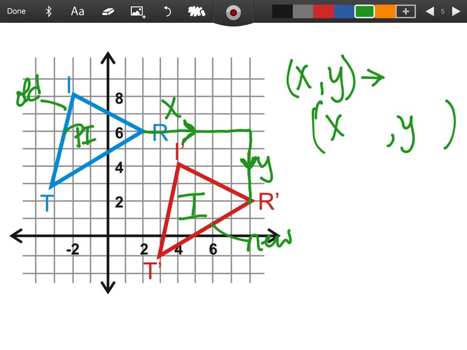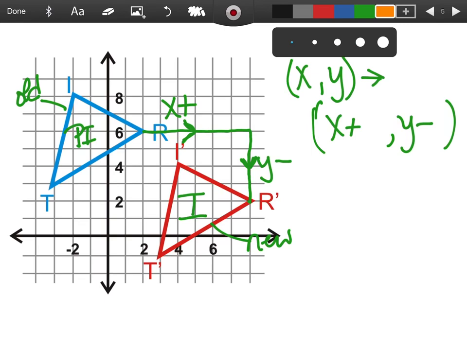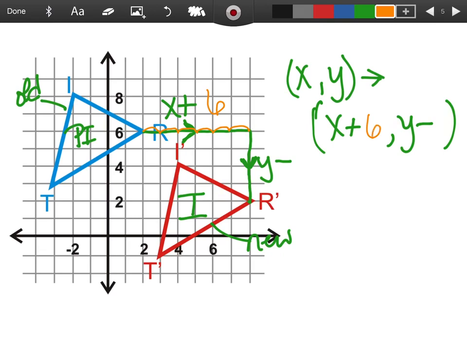Well, because I'm going to the right, I know right is plus, so I can put a little plus sign on there. And I know that down is subtraction, so I can put a subtraction sign. Now all I got to do is fill in my numbers, and that's pretty easy. So I can come here and I'm just going to count how far did I go. Okay, so I went 1, 2, 3, 4, 5, 6. So plus 6.